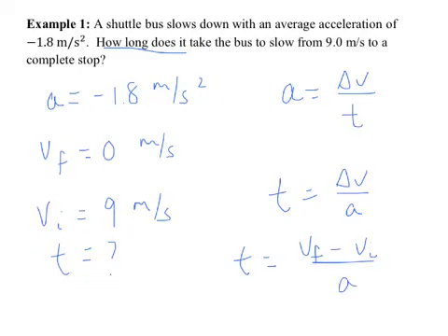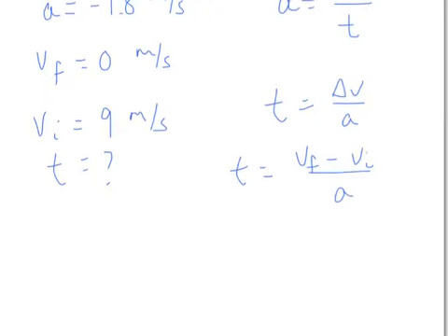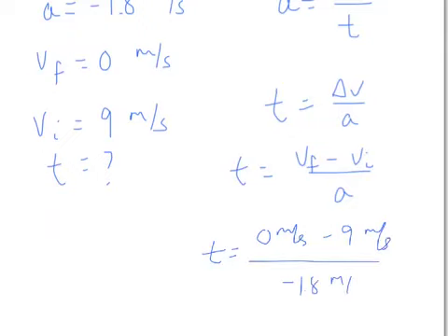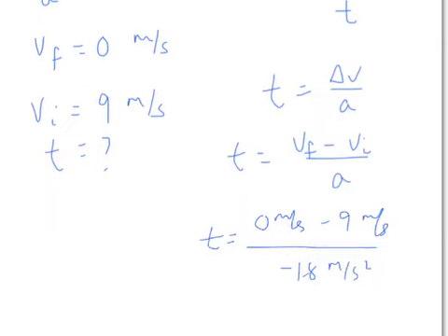Some of you might be saying, wait, then we're going to get 0 minus 9 up top. But the denominator is negative already because it's a negative acceleration. So the numerator's got to be negative because negative over negative would yield a positive there. So now what we have to do is just plug in numbers. Alright, so what we're going to end up getting here for a time period is exactly 5 seconds.